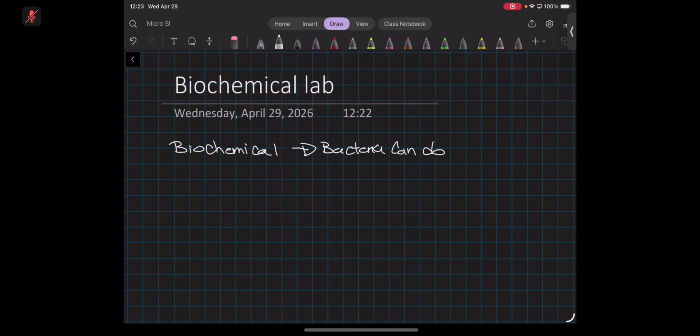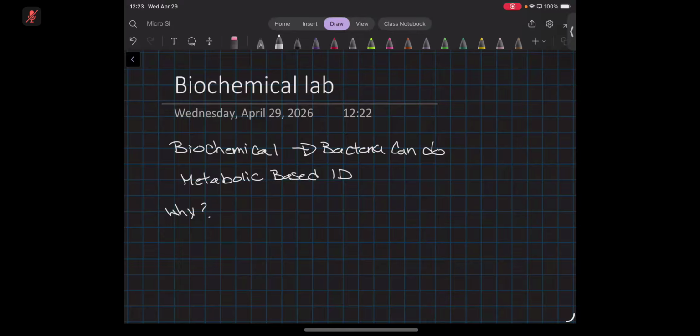So this is the whole point of this lab. We're moving forward from appearance-based ID to now metabolic-based ID. So why do we need biochemical tests?